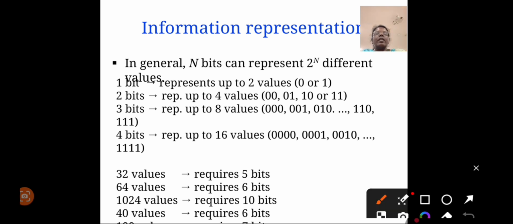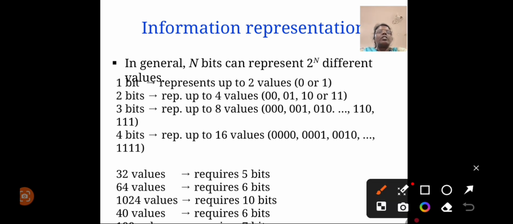For example, if I use only one bit of information, that represents 2 power 1, which is 2. So two values can be represented. Those two values are only 0 and 1, single bit binary information, because only one switch is used. If I am using 2 bits, I have to use 2 switches, okay.